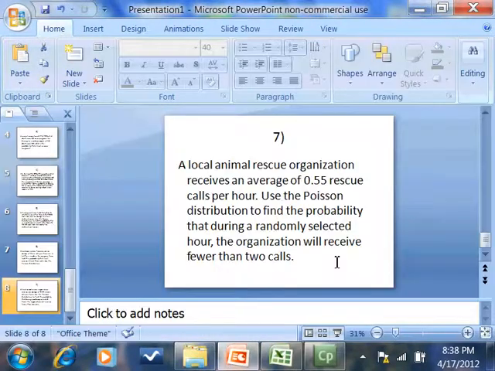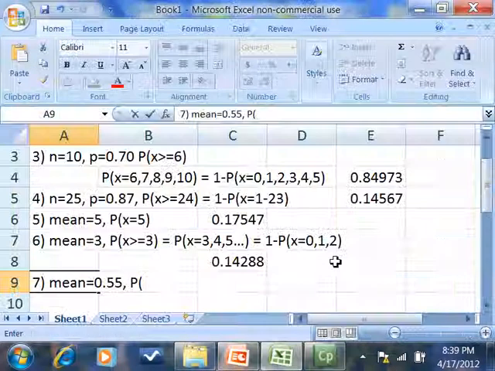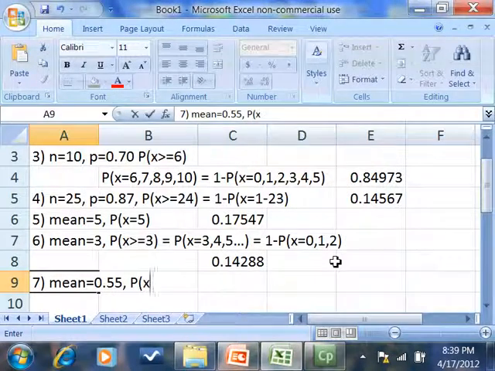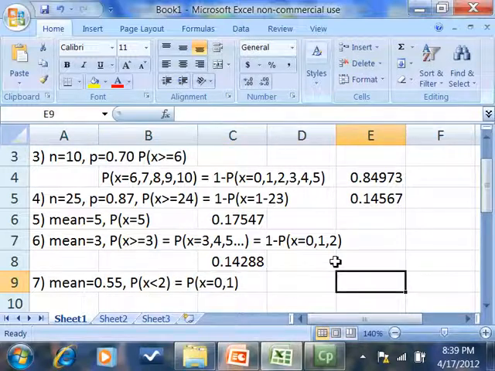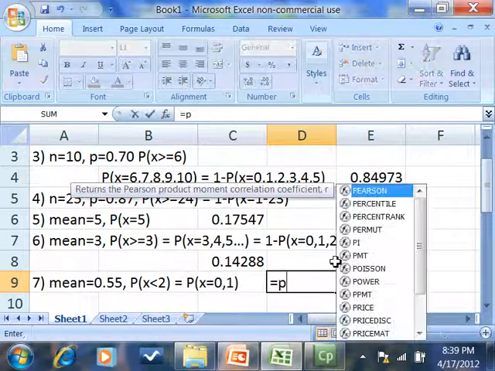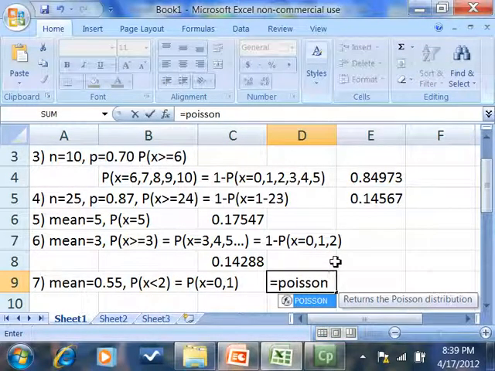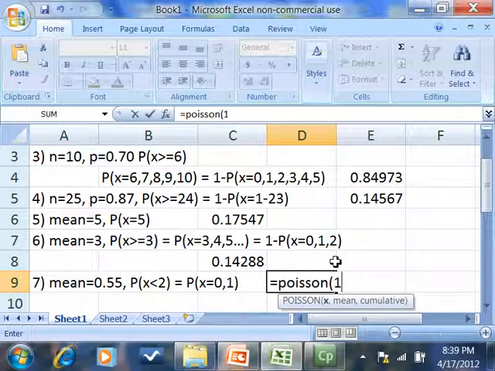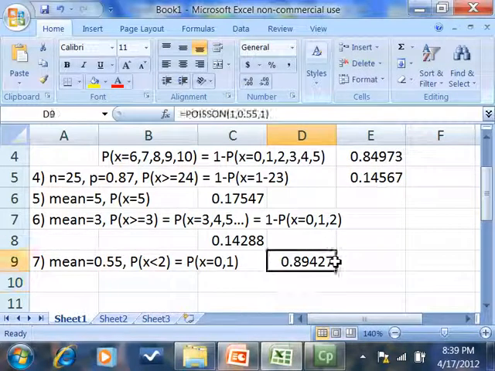Fewer than 2 means x is less than 2, which would mean x equals 0 and 1. So to put that into Excel, we'll do Poisson, with the ending number, going from 0 up to a number, then our mean, which was 0.55, and 1 for cumulative.